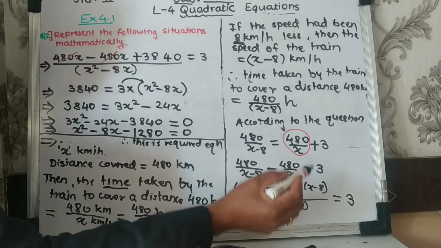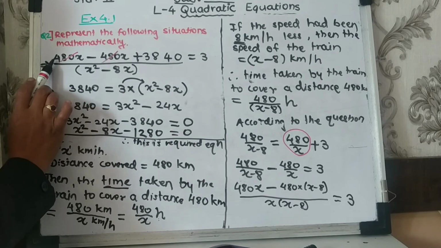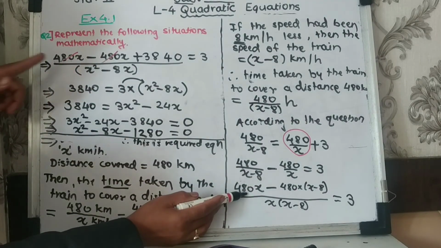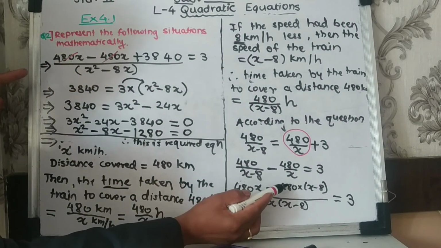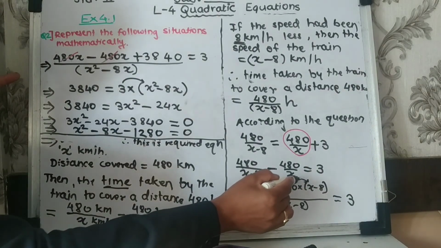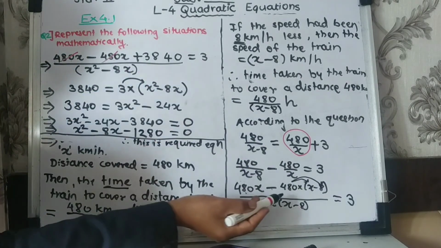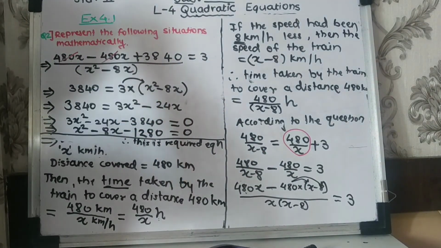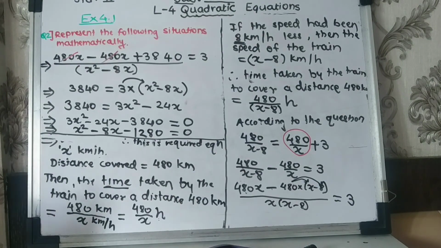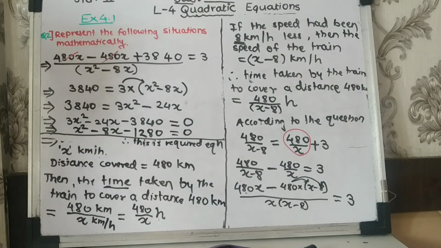multiplied by x minus 8. Now open the bracket. Here 480x, this term is written as it is, then minus 480 will multiply with the x and then 480 will multiply with the 8. So we have got 480x plus 3840 upon x square minus 8x. Then x square minus 8x we have shifted to the right side.